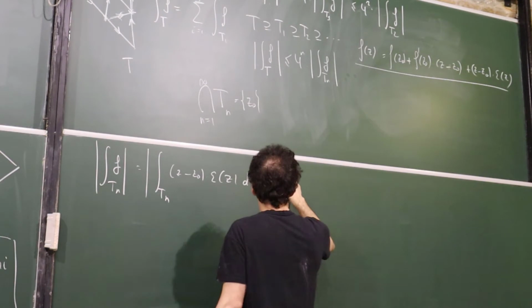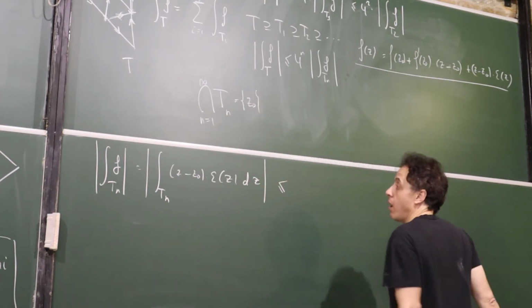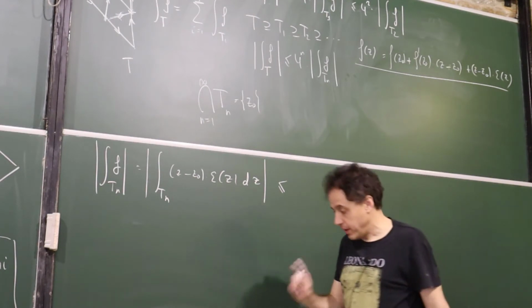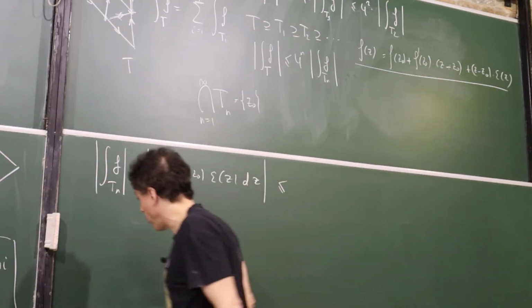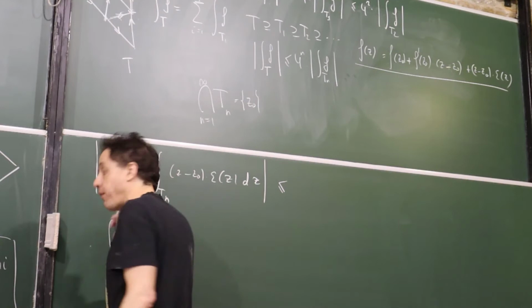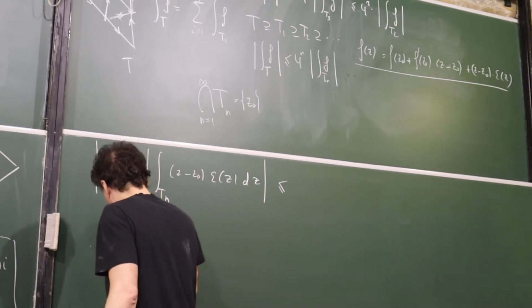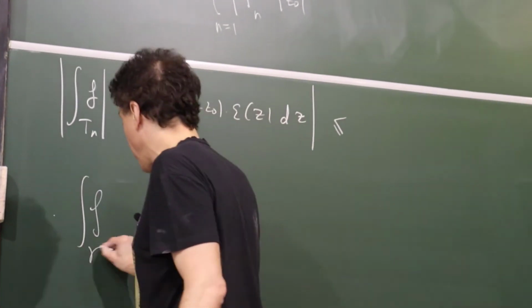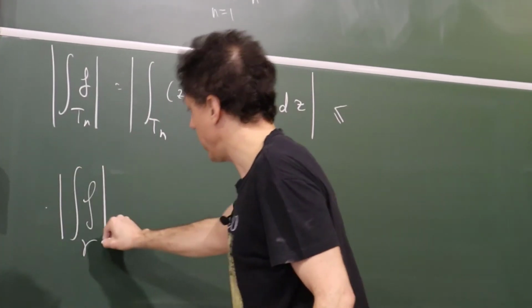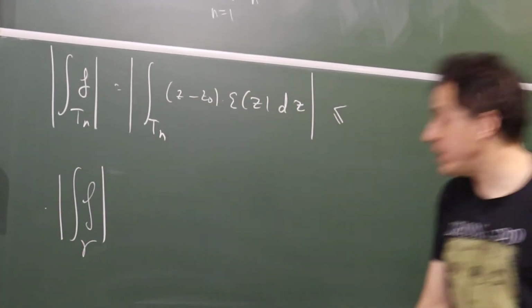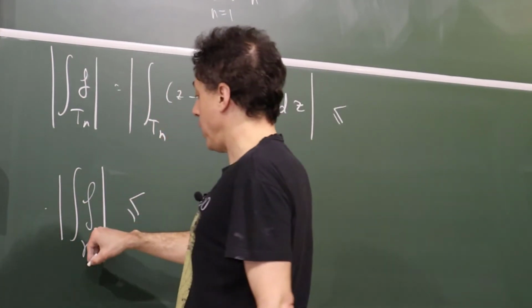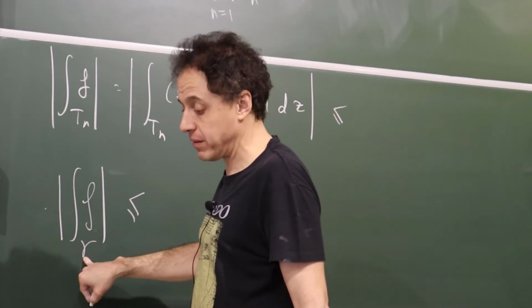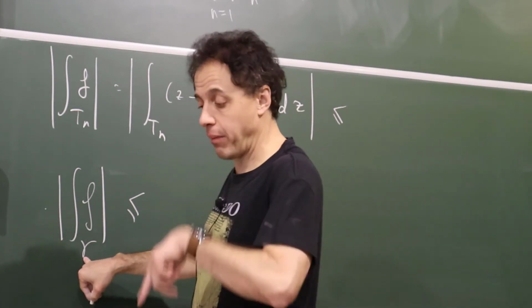Well, this can be bounded by one property that I forgot to mention before. That is straightforward, and is the following. If you have the integral of any continuous function along any path, this can be bounded by, if this is a continuous function on a path that's compact, the absolute value is bounded.